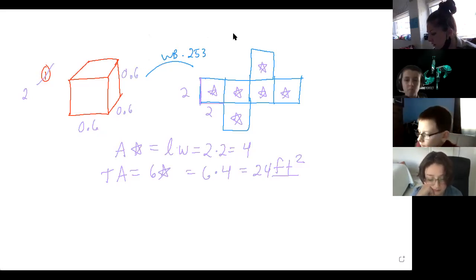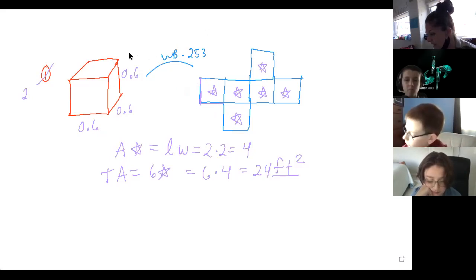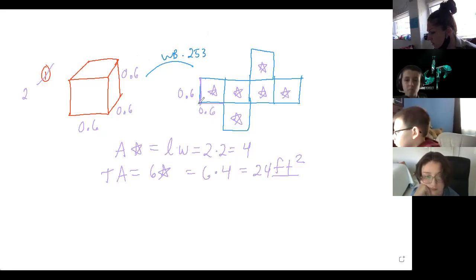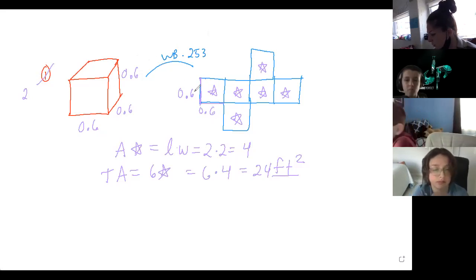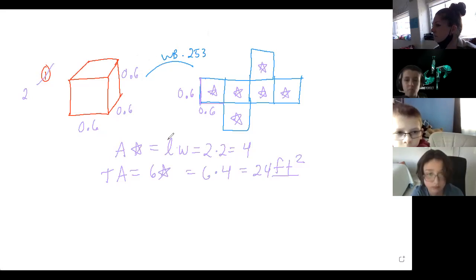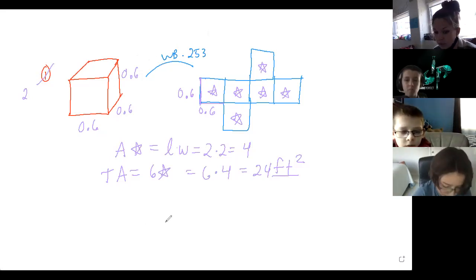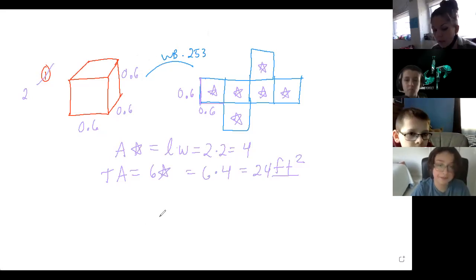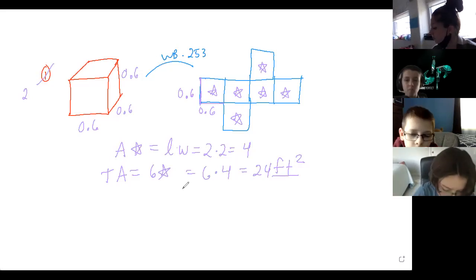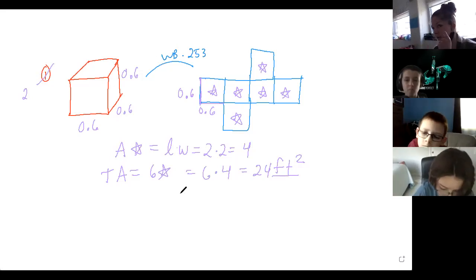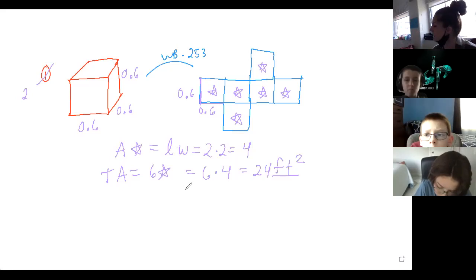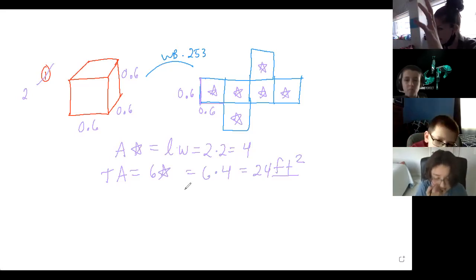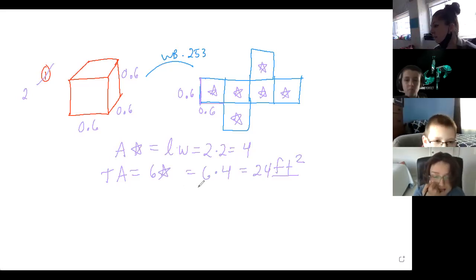So these values over here would just change. You'd have the same net with 0.6. So what would 0.6 times 0.6 be? 0.36, right? So 36 hundredths meters squared would be the value of one of those sections, and then multiply it times 6 to find the total area of that entire shape.